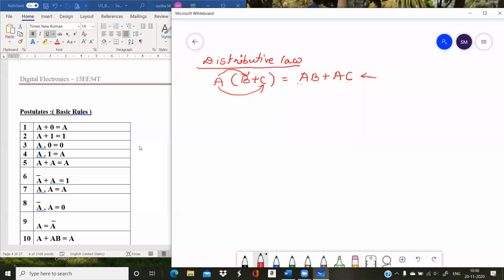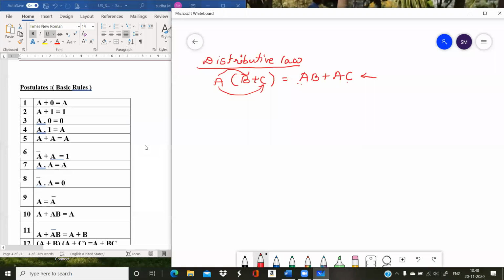Next, some basic rules which are called the postulates. Okay, they are called the postulates. So you can see some of the postulates in the table here.